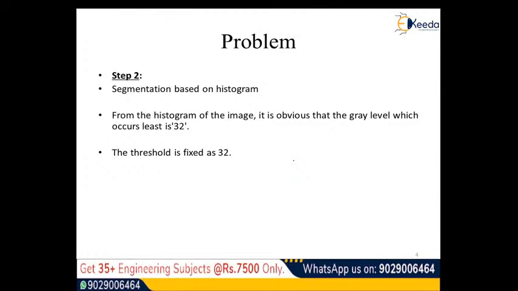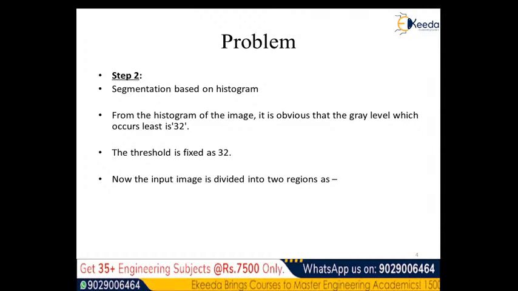As we have fixed the threshold value equal to 32, now we can apply the rules for dividing the image sample into two regions. Let us define region number 1, where the gray level, also known as the pixel intensity, is less than or equal to the threshold value 32.